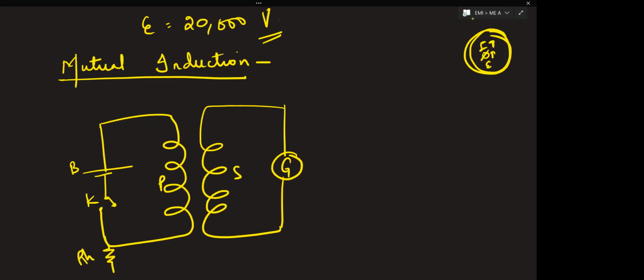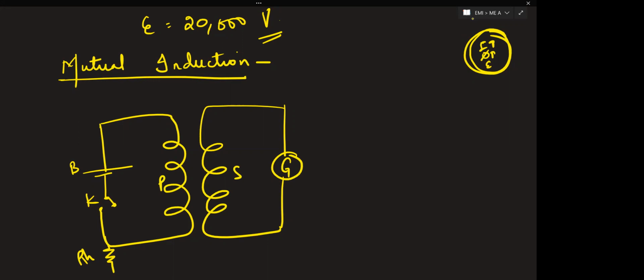So what happened? Two coils, P and S, are placed close to each other. The coil P is connected in series to the battery and the rheostat through this tapping key system. The coil S is connected to a galvanometer so that it can detect the flow of current.